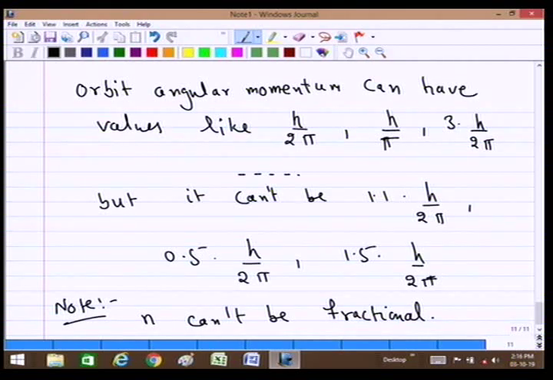Done? Senapati in Shillong, have you copied that?